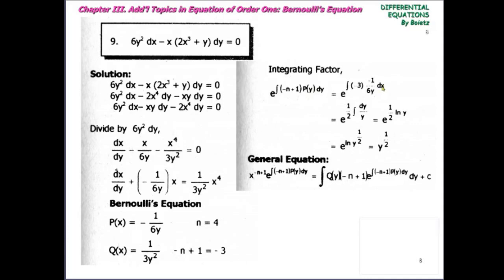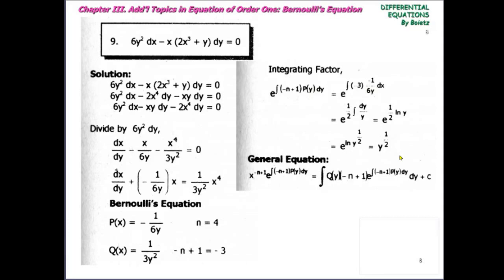Mali ito. Typographical error. Dapat ito ay x. Dapat x yan. Okay? So ito, dy yan, dy. So the integral of, ito, negative, negative, positive 3, 6, positive 1 half integral of dy over y, or e to the 1 half ln of y, or this will become y to the negative 1 half.